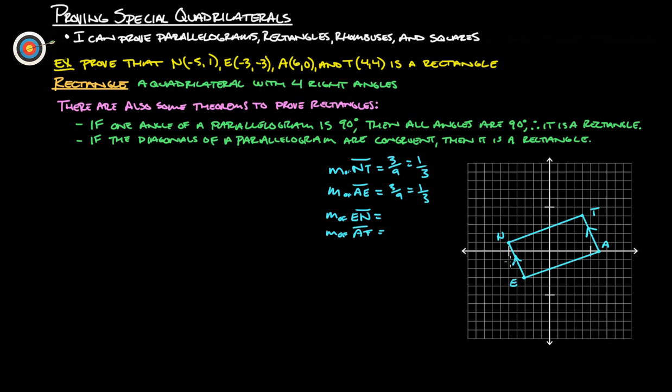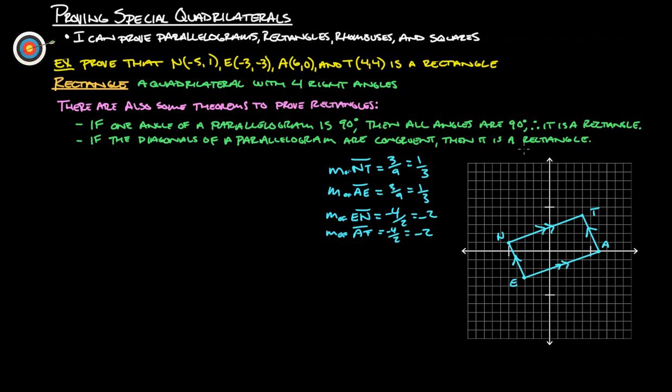We go down 1, 2, 3, 4 over 2, so -4 over 2, which is -2. And then from T to A, down 1, 2, 3, 4 over 2, so -4 over 2 as well, which is also -2. So we have now proven that it is a parallelogram.